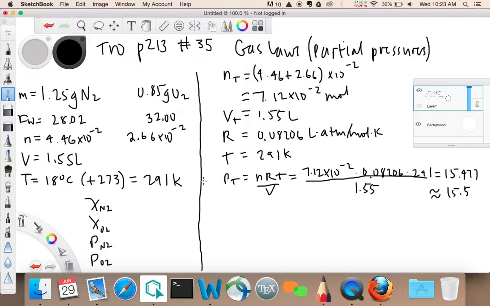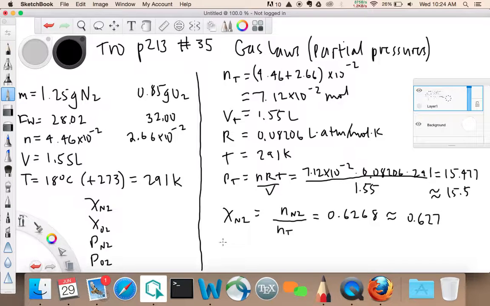Now we already have the moles of each. Now we know that the mole fraction of N2 is going to be the moles of N2 over mole total, which is equal to 0.0446109921, putting all the digits in just because, divided by 0.07117, which is equal to 0.6268, which is reported as 0.627.